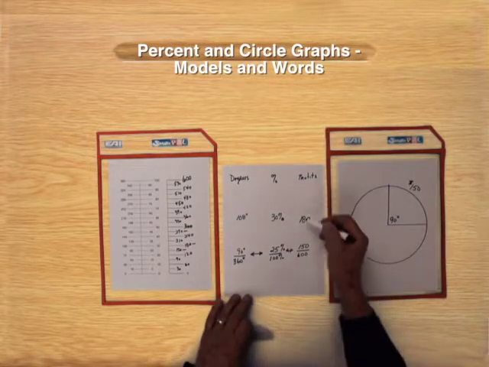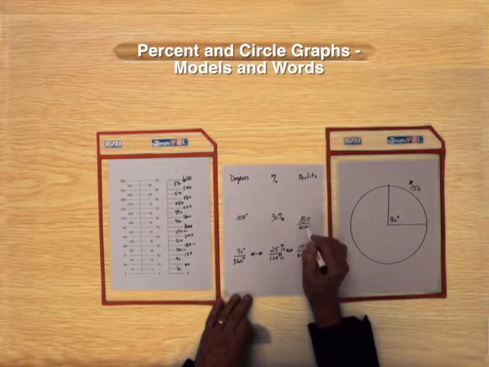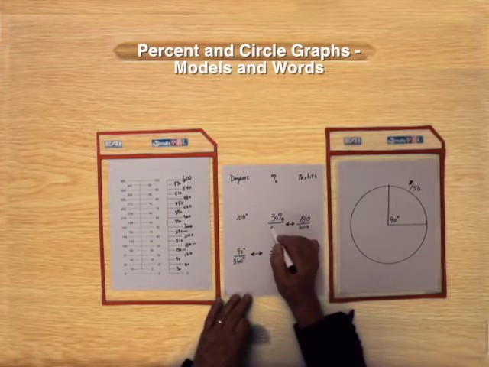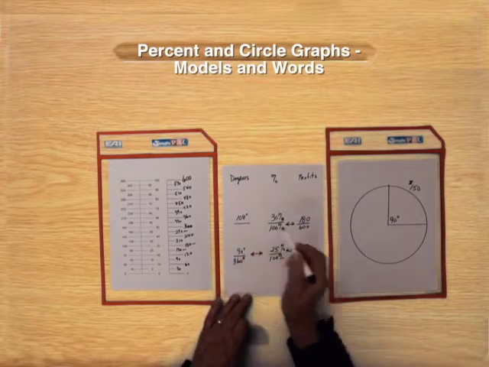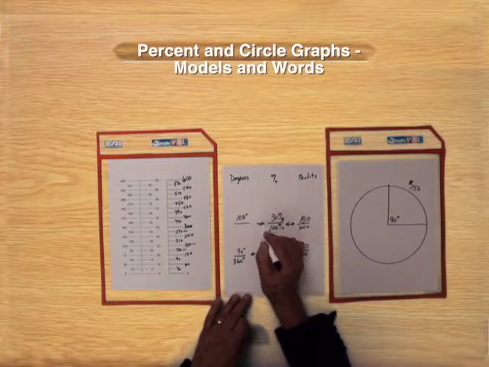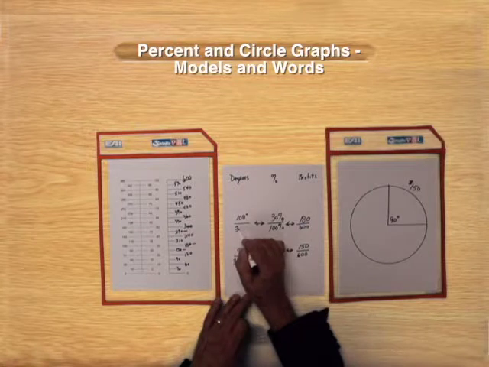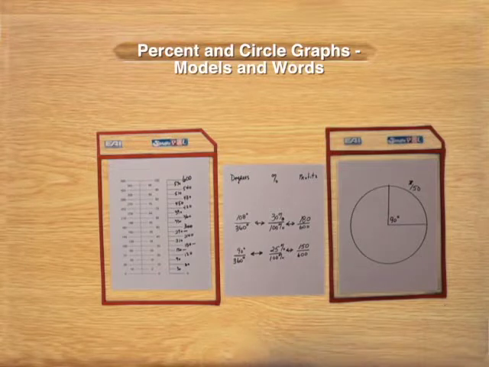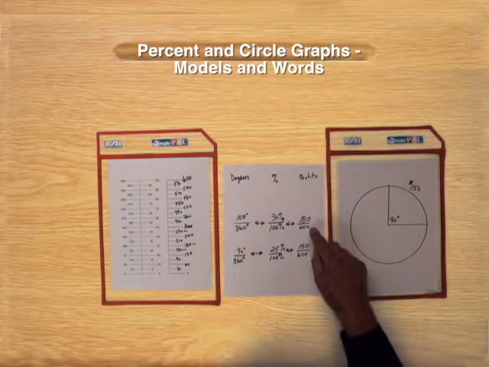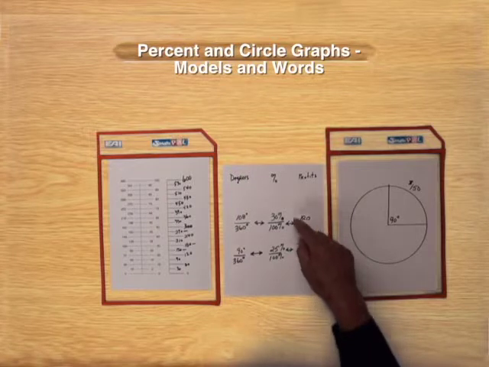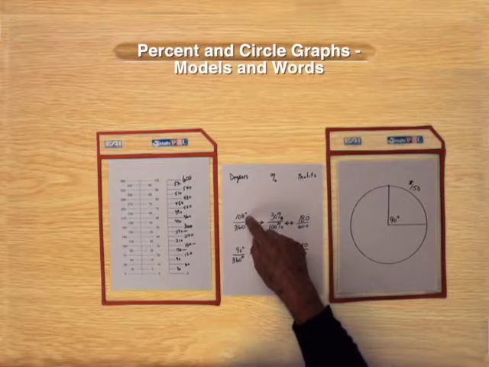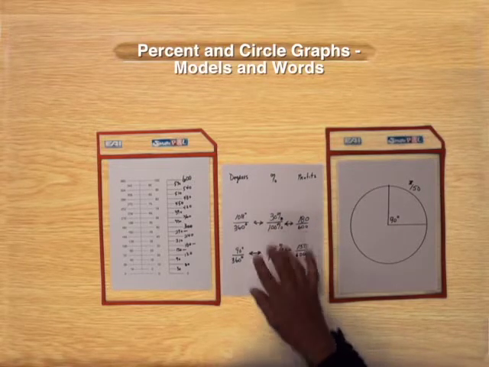So we have $180 out of the $600 in profits, and that is in the same position as 30% is to 100%, and that's in the same position as 108 degrees is equal to 360 degrees. So we now have 180 is in the same position relative to 600, as 30% is in the same position relative to 100, as 108 degrees is relative to 360 degrees.